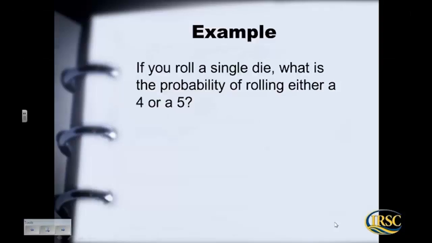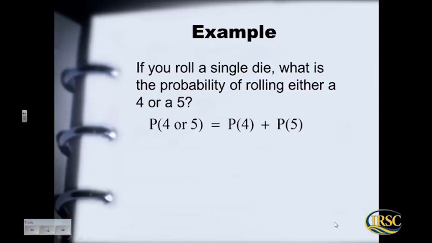Okay, here's another one. If you roll a single die, what is the probability of rolling either a 4 or a 5? Now, what's the key word in this problem? Or. Good. So is it possible to roll a 4 and a 5 at the same time? No. So they are mutually exclusive events, which means we can use that formula. So we need to first realize that we can take the probability of 4 and add it to the probability of 5.